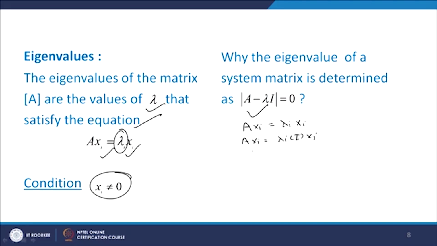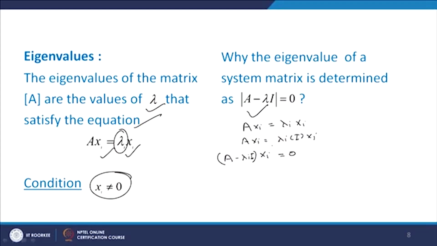Then we write A minus lambda I into xi equals 0. We are moving all the elements to one side, and it is said that A minus lambda I equals 0 is the way to calculate the eigenvalues, but we should know why it is so.